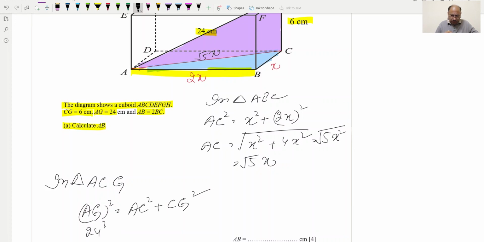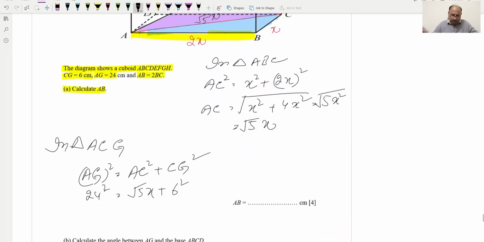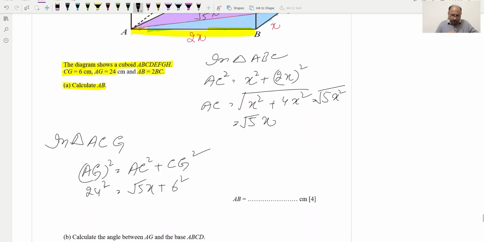So 24 squared is equal to AC, which is root 5 x, squared, plus CG, which is 6 squared. This should be squared, and we can write it as 5x squared, without the root because of the squares. So 5x squared is equal to 24 squared minus 6 squared.